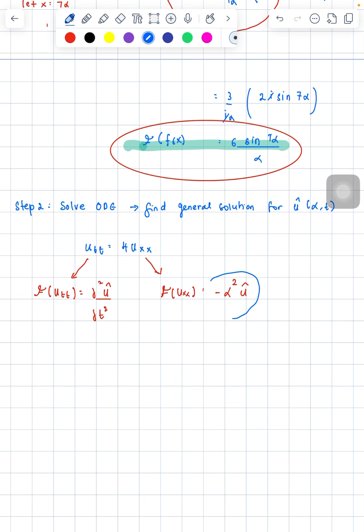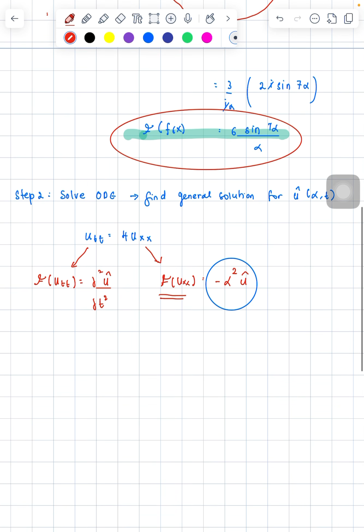You can get this term from the Fourier transform of derivatives. Since this is second order, the Fourier transform of the second order derivative gives negative alpha square u hat. You can look at the video from the previous part.